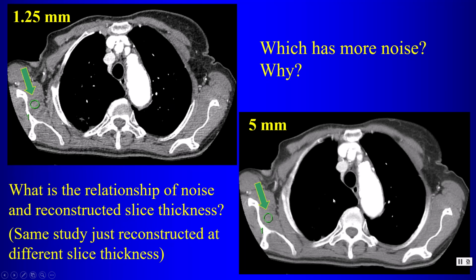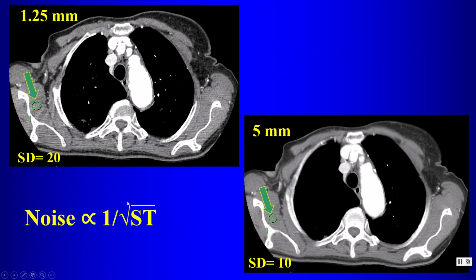And what is that relationship? Remember, this is the same study, just reconstructed at different slice thickness. So noise is proportional to 1 over the square root of slice thickness. If we actually measure the standard deviation, on our thin cut it is 20, and on our thicker cut, the standard deviation is 10.